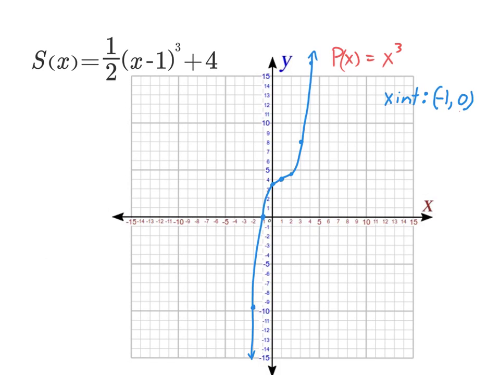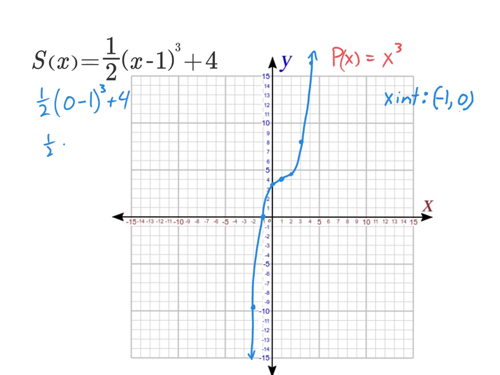Now, in order to find my y-intercept, which looks like it's going to be a little harder to find, we're going to set x equal to 0. So in other words, we end up getting 1/2 multiplied by 0 minus 1 cubed plus 4.